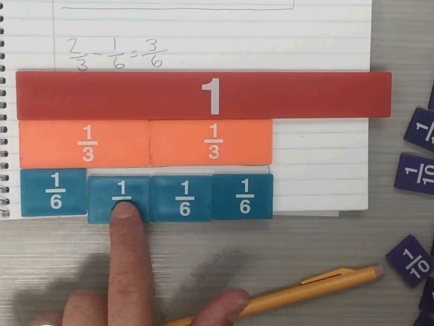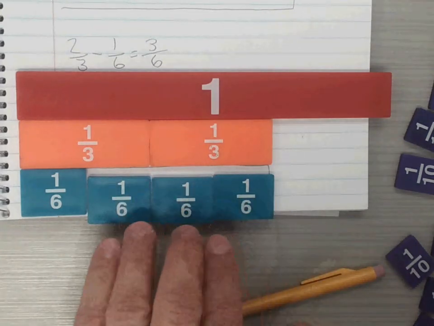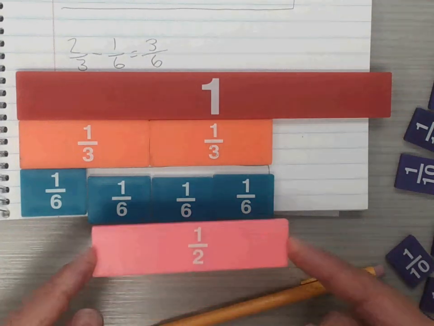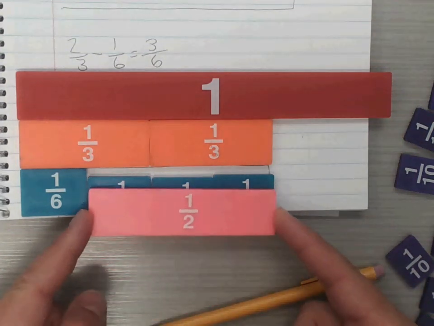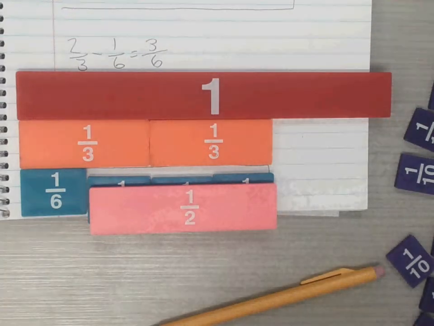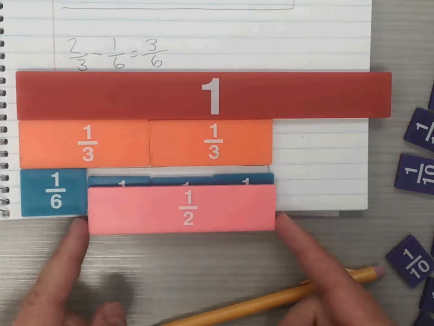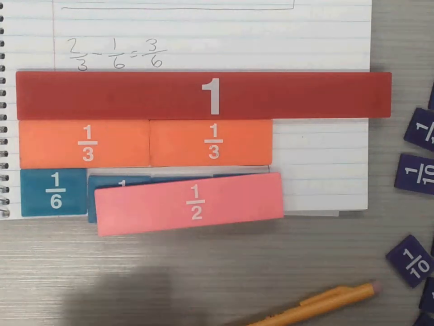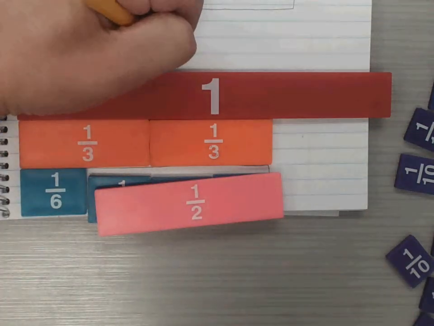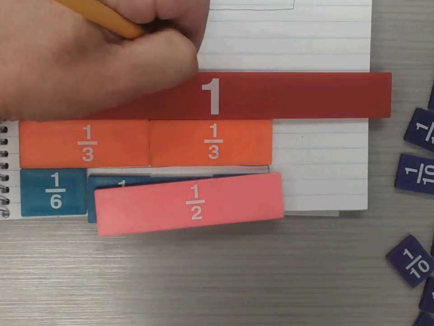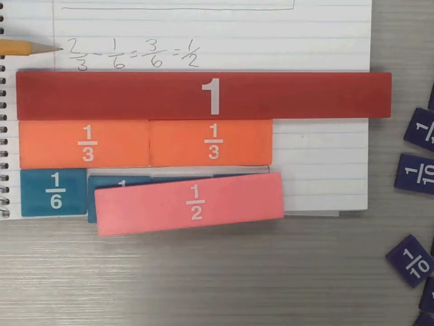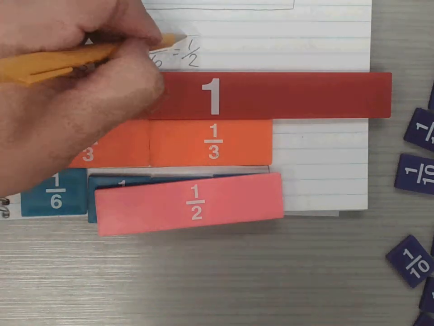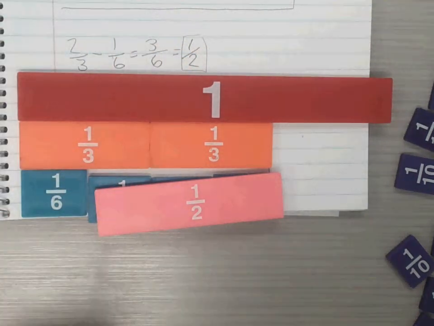That way I don't have to have these 3 in my pocket. I can get a smaller strip here, and it looks like 1/2 is equivalent to 3/6. So I can say 3/6 is equal to 1/2. So I could say 2/3 minus 1/6 really equals 1/2.